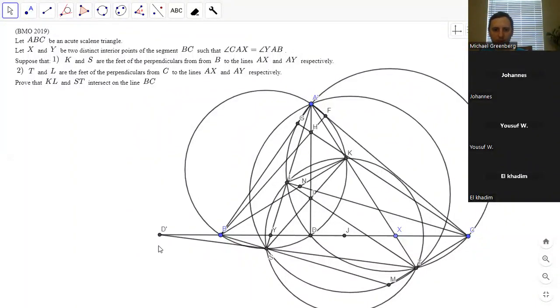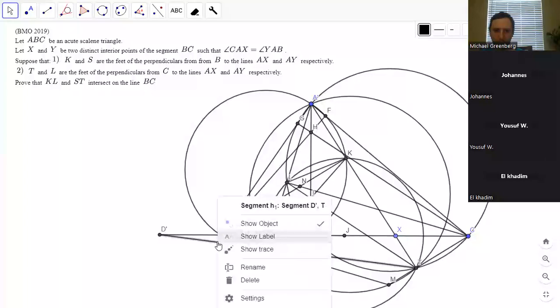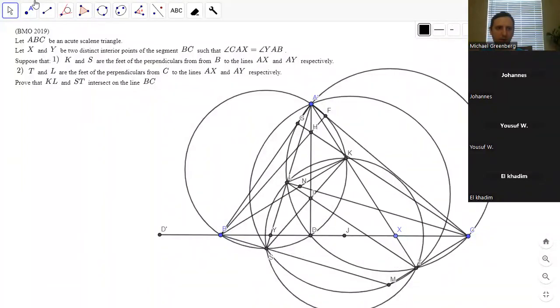So we have the cross ratio. For example, I think it's just easier to see KL at first. So if we want the cross ratio D prime, Y, X, D prime, we could project that.